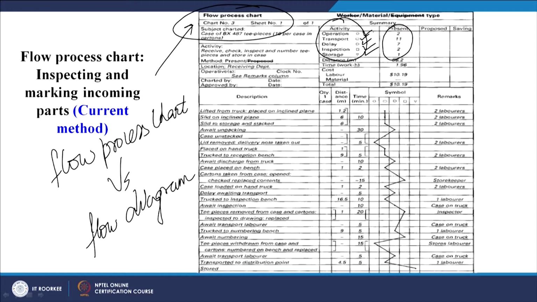So basically there is a difference in how we represent the job. The activity, the work that we are accomplishing remains the same, but the method of depiction is different. So this is a flow process chart. We also have drawn similar types of operation process chart. If you remember, we have seen how an operation process chart will look. We have seen how the multi-activity chart will look.